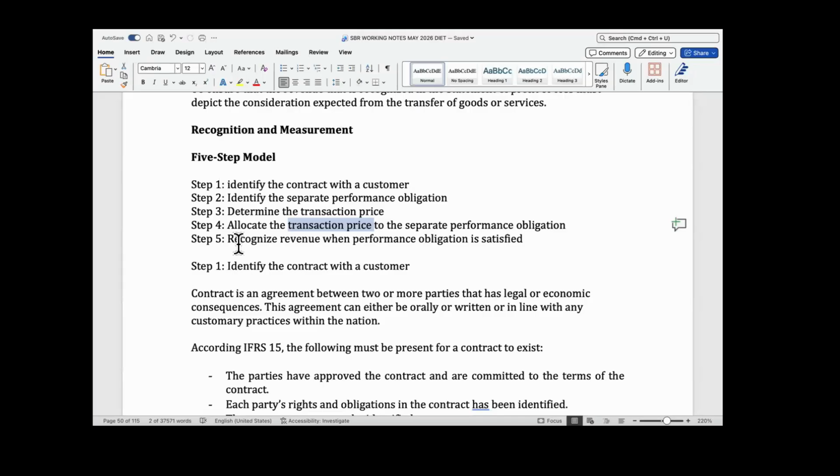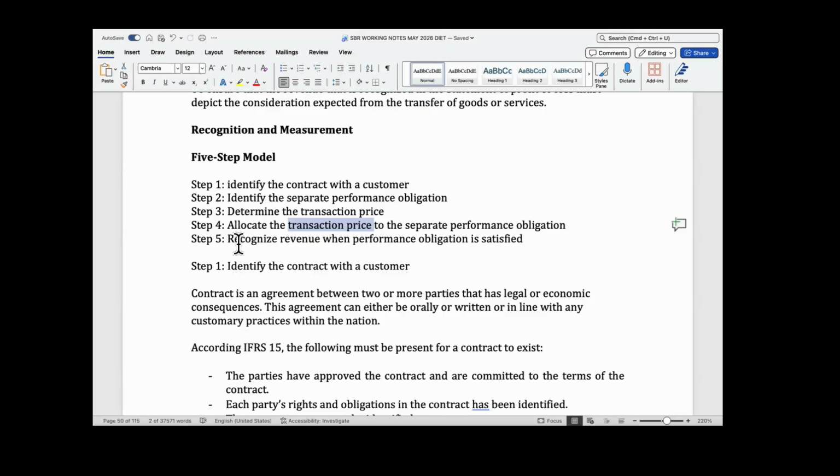And you see, you can either recognize revenue at a point in time or over time, depending on the nature of the goods or service. If it's a goods or service that you just deliver immediately, then you would usually recognize revenue at a point in time.